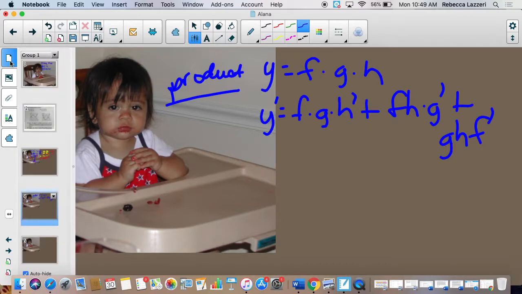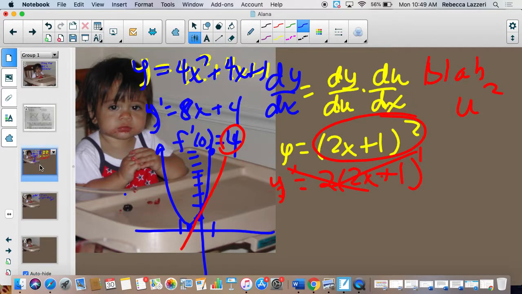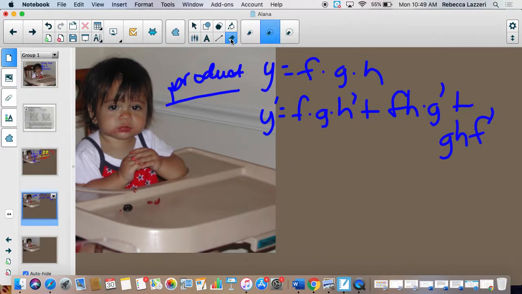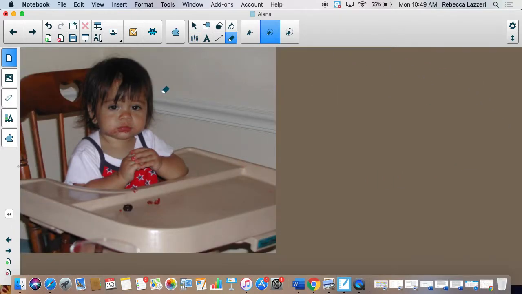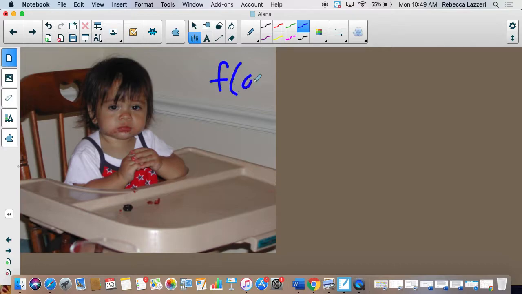All right, so let me go to this slide. In fact, I'll just erase this and use this slide. Okay, so let's say if I have f of g of x. All right, does everybody understand that's a composite function?